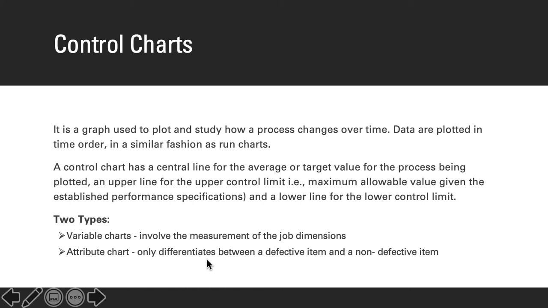So, basically, a defective item is plotted on top, and a non-defective item at the bottom. It's just like a binary variable. Now, with the variable chart, it is not a continuous variable, but we have a range of variable values where there is an acceptable range of values. Naintindihan?